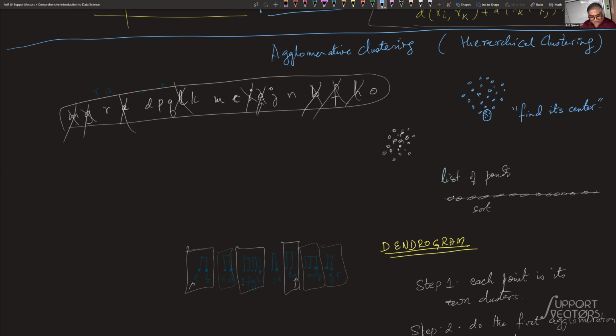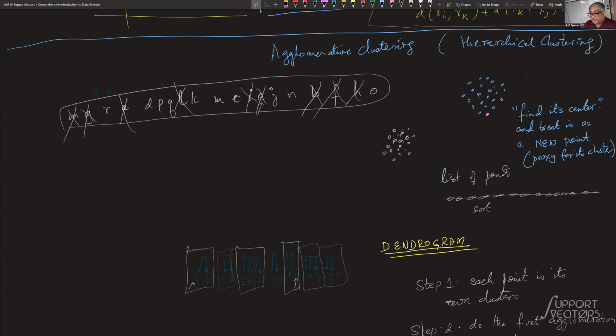And so now what you have is a second order, and you treat the center as a new point, a proxy for its cluster. So you replace all of these points, and you say, hey, these points are represented by this pink point, which happens to be the center of the EFGHI.